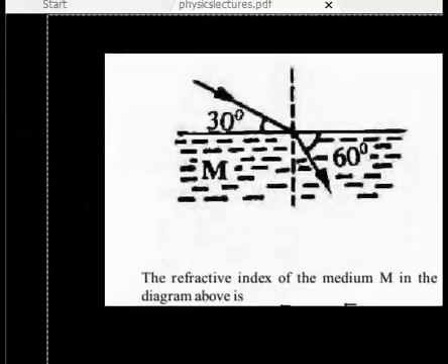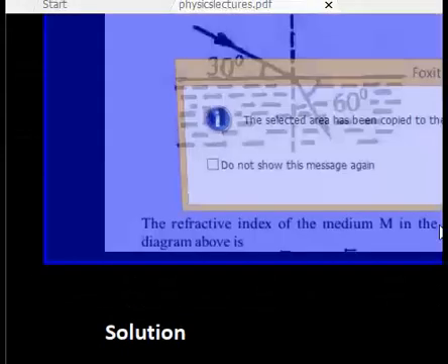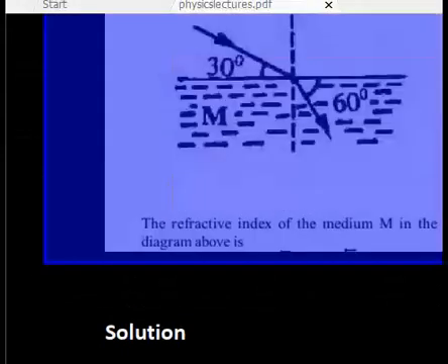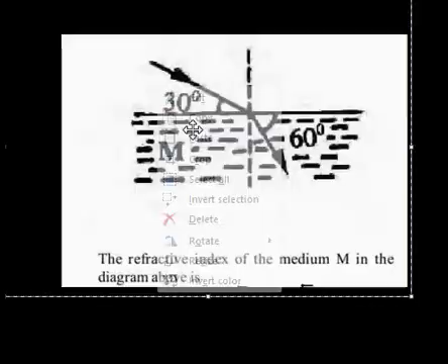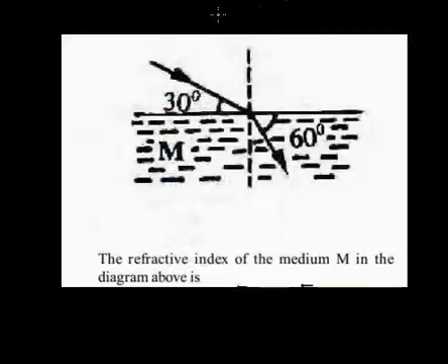So I have a question here that we'll have to tackle, so let's do justice to this question. This is a diagram, and this is the incident ray and this is the refracted ray. The angle of incidence is not given, but rather the glancing angle.